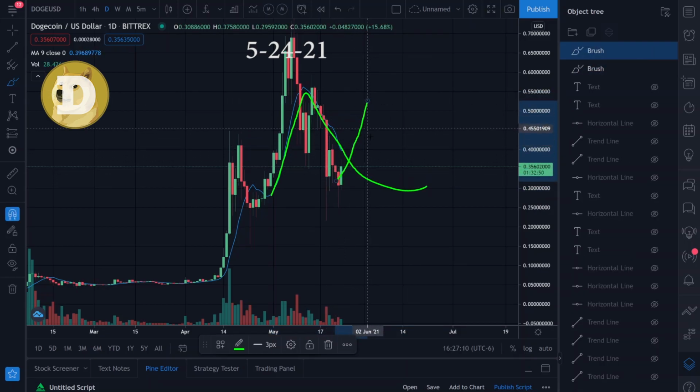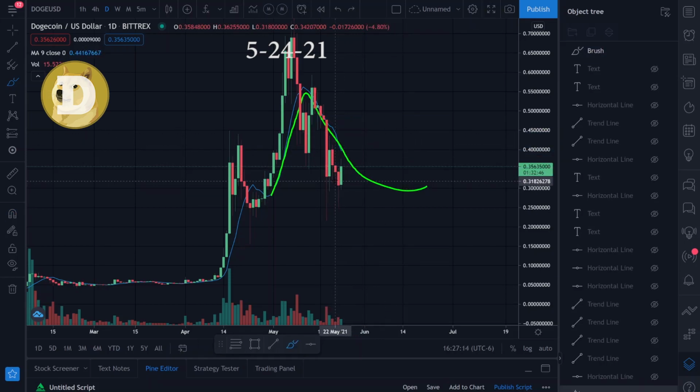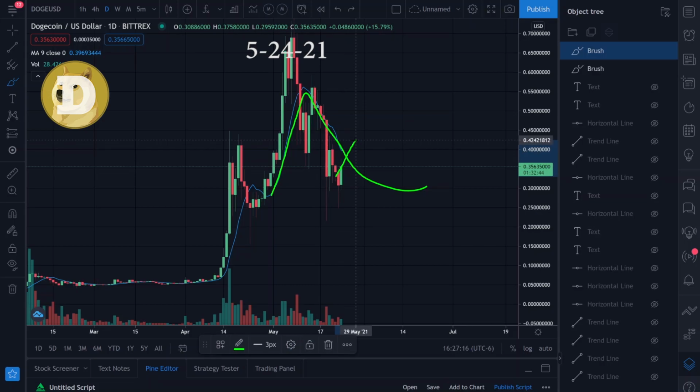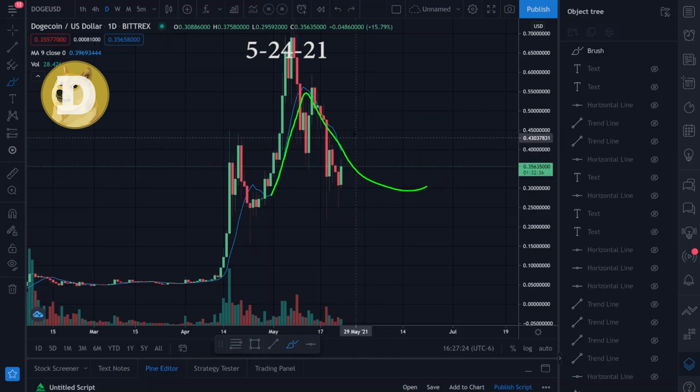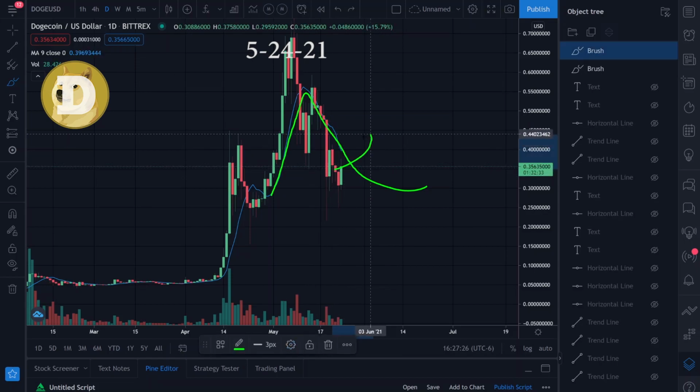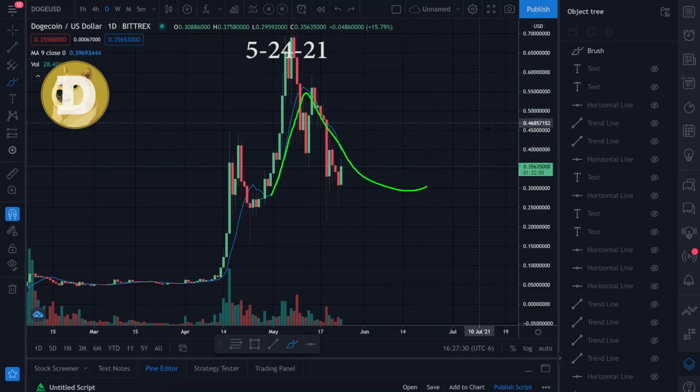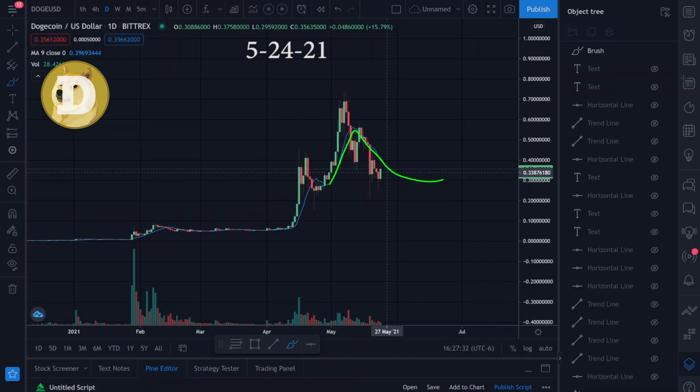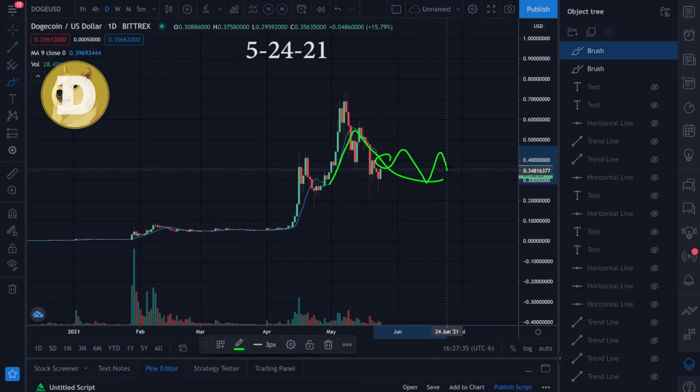Just shooting right past it wouldn't be bad, but what we want is for it to come up and then come down and maybe even retest it. And then if we start getting green candles again, and as long as we can stay above this moving average, get a couple bounces on it, that's when we're probably going to see the next leg up, if we are still in this bull run.